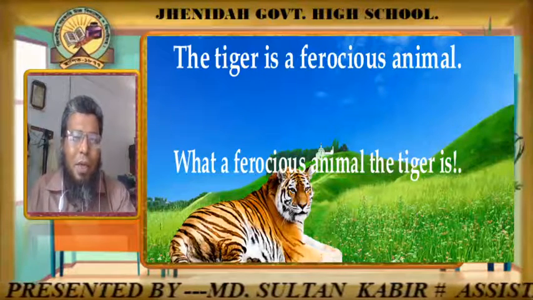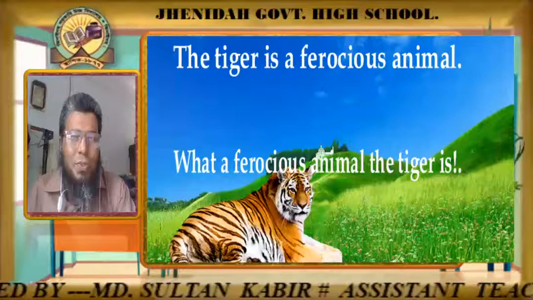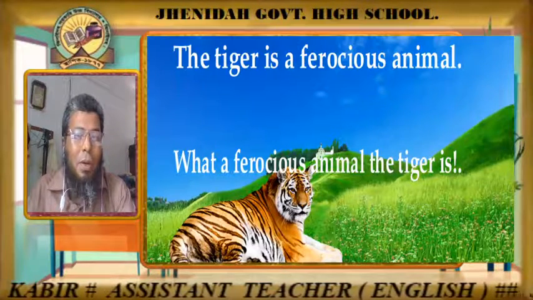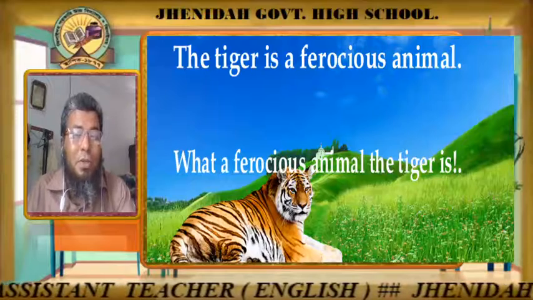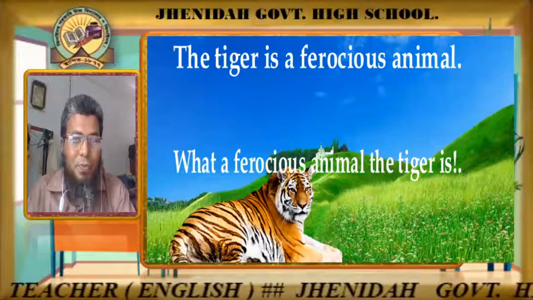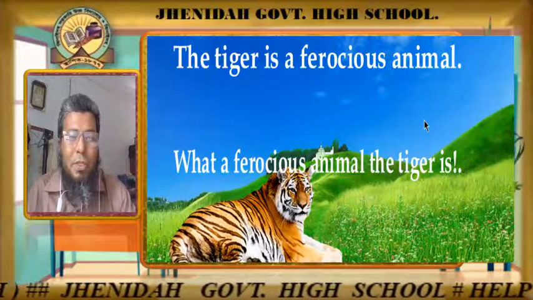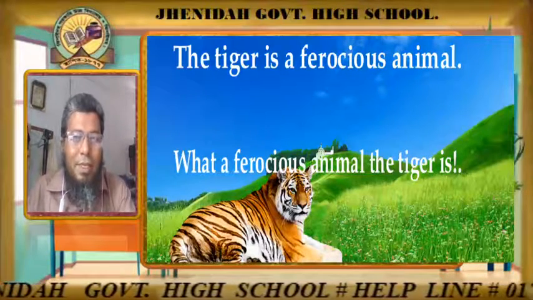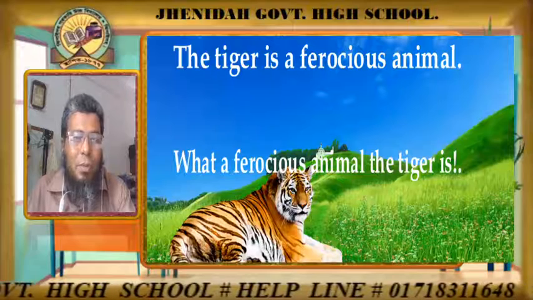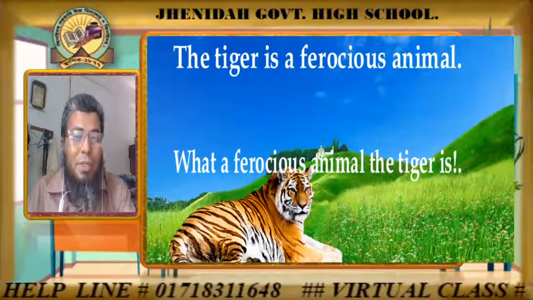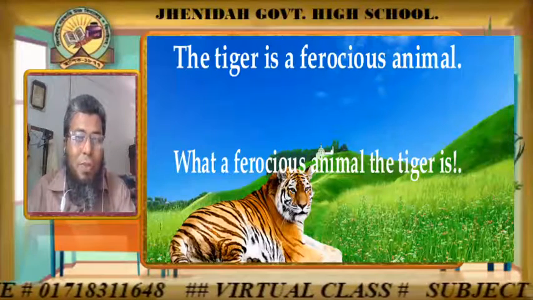These two sentences contain the same message, but our ways of expressing are totally different. The first sentence states about the tiger, and the second sentence expresses the emotion of the speaker.